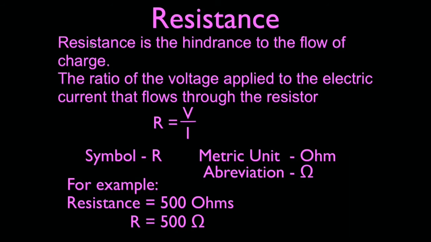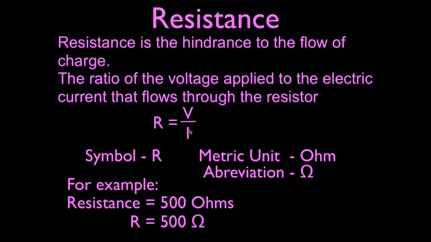Depending upon the resistance, we can say how much current will be flowing in the circuit. Always remember there is an inverse relationship between current and resistance. More the resistance, less the current flowing in the circuit. Less the resistance, more the current that will be flowing in the circuit.